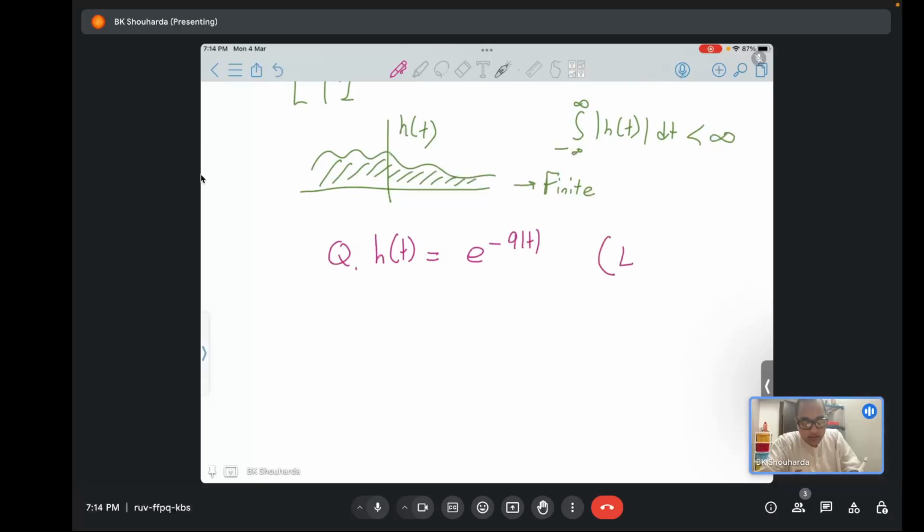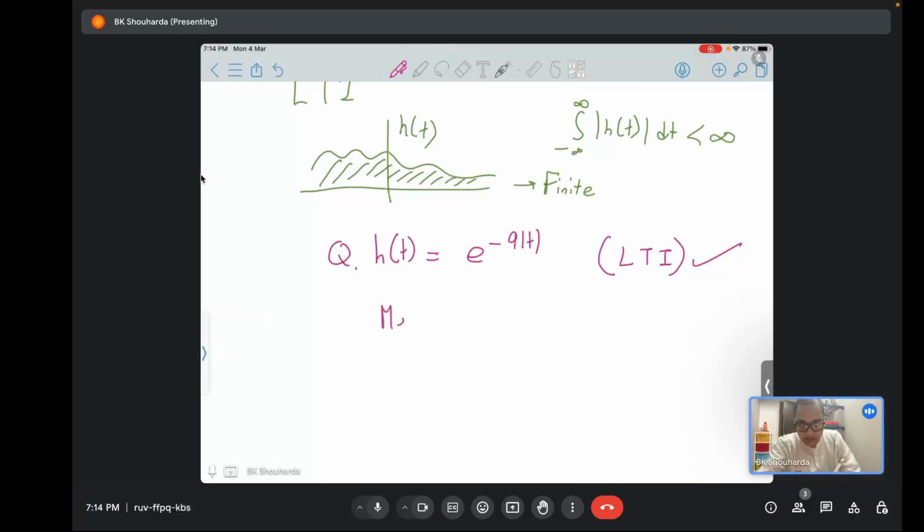It's LTI for sure, because only when the system is LTI will we be able to calculate its impulse response, which can be used in convolution integrals. So LTI is for sure linear and time invariant.